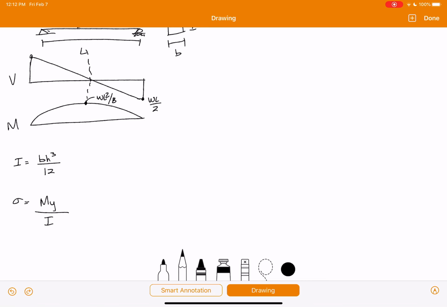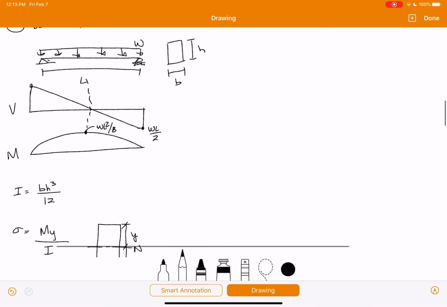And then finally this Y is going to be the distance, so that max distance from your neutral axis to the outermost fiber. Okay, so if you got a rectangular section, more likely than not, as long as it's the same material throughout, it's just going to be h over 2.